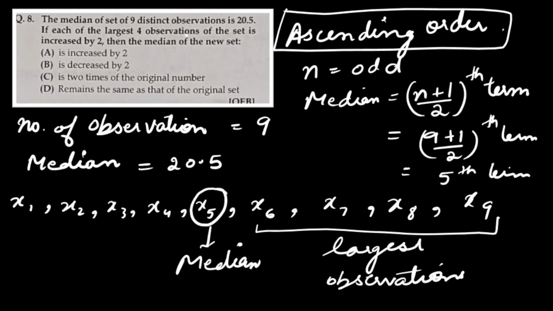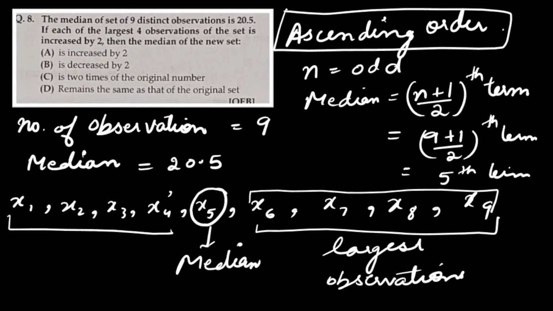So if they are changing the largest observations, do you think the median of the new set will increase, decrease or change? No, because we are not making any change to the fifth. If you change the first 4 or the last 4, there will not be any change to the median.